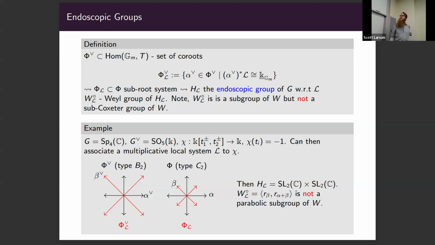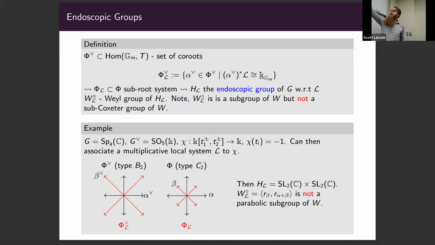So it'll have the same torus as the group we started with, and it'll have some collection of the roots, but it's not a subgroup. I want to emphasize, not necessarily a subgroup, not necessarily a parabolic subgroup. It's kind of just its own thing. And probably the most interesting aspect of this is not maybe the algebraic group itself, but its Weyl group.